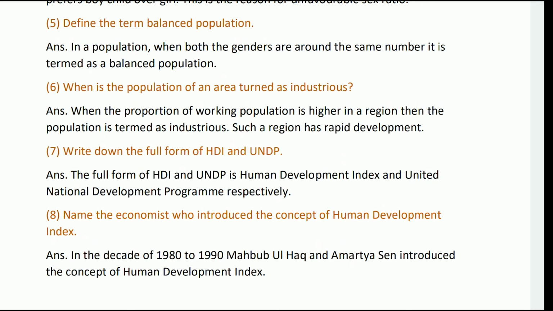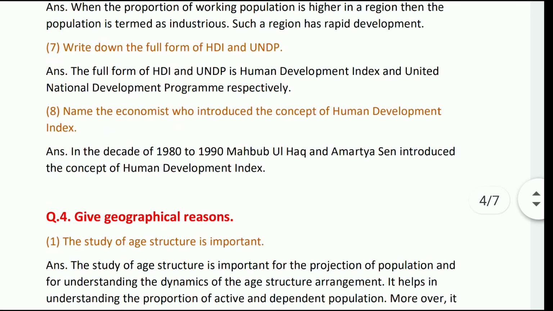When is the population of an area termed as industrious? When the proportion of working population is higher in a region, that population is termed industrious. Such a region has rapid development. Write down the full form of HDI and UNDP.